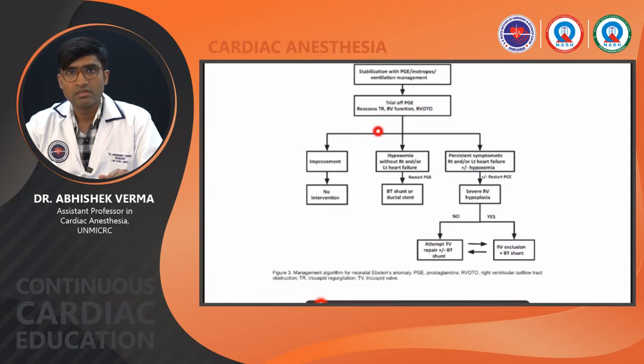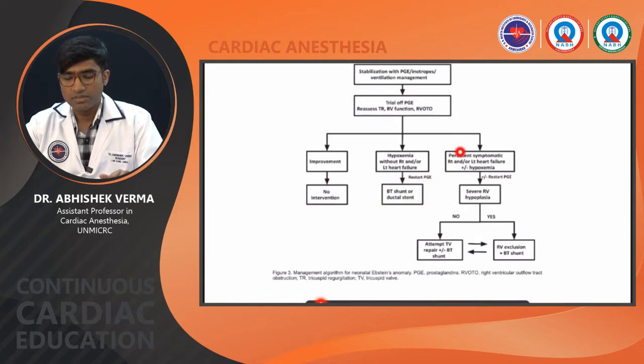If the symptomatic patient improves, later we don't need any intervention because PVR will fall over a few weeks. And if hypoxemia is present without right and left heart failure, then we can do a BT shunt or PDA stenting.